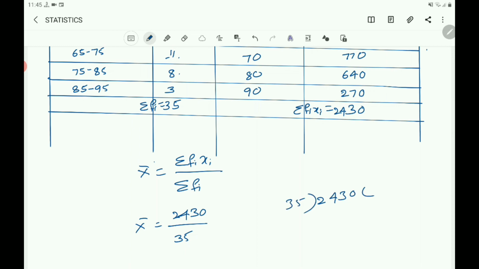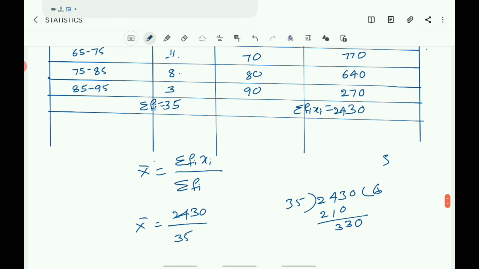Then you will get 35 times 6, 5 6s are 30, and 6 3s are 18 plus 3, 21. Then here 33 is remaining, right? And 3 9s are 27. So you write 5 9s are 45 and 9 3s are 27 plus 4, 31. 1 5 is remaining, 0.